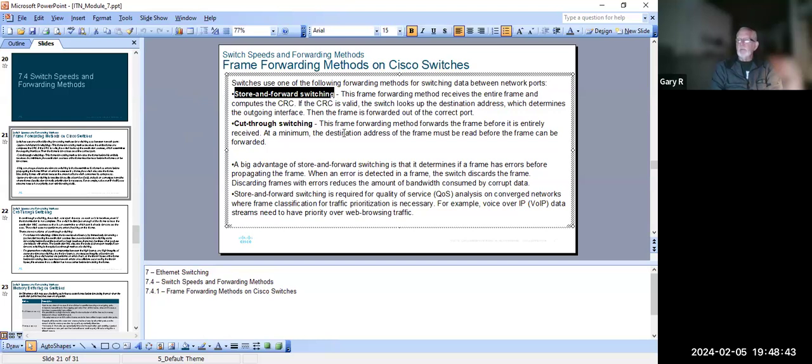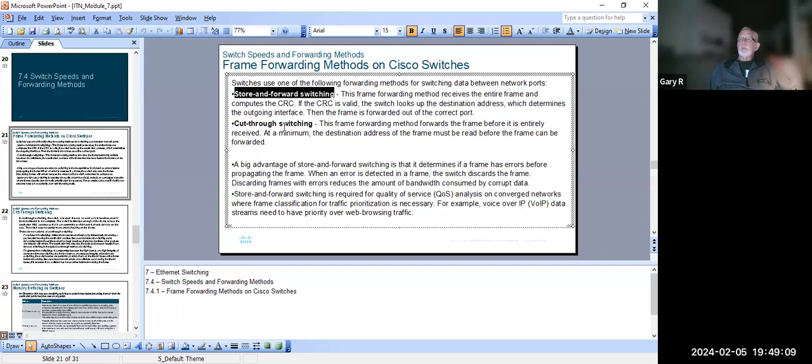It then is going to move that frame on to the next port or ports to send it along. If, on the other hand, they don't match, what it will do is discard the frame. So with store and forward switching, a switch will never send on a bad frame.